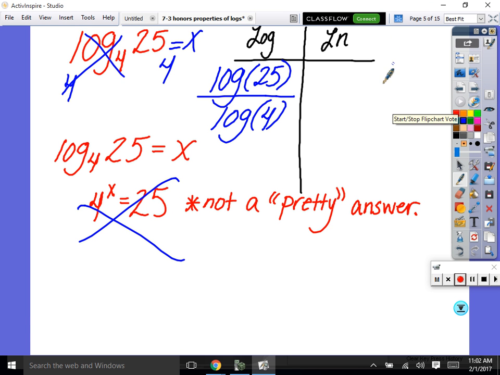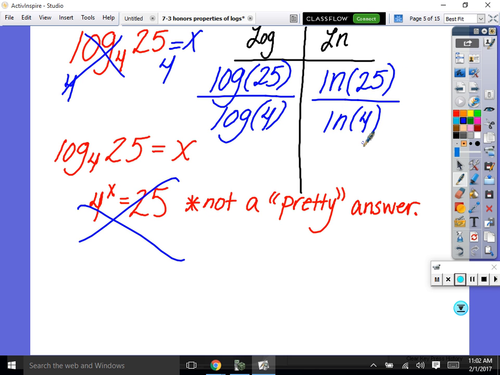So watch how cool this is. If you do the natural log instead of log, we can also rewrite this as ln of 25 over ln of 4. Type that into your calculator, and you get the same decimal.